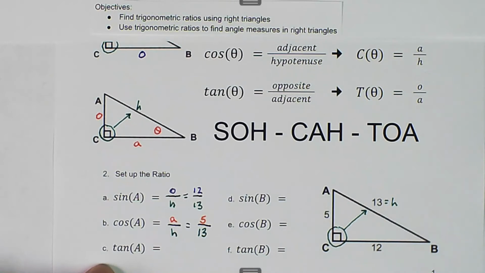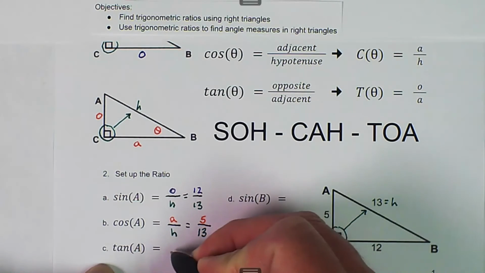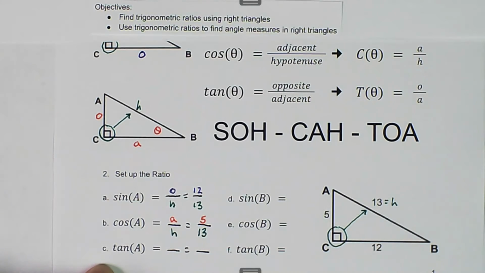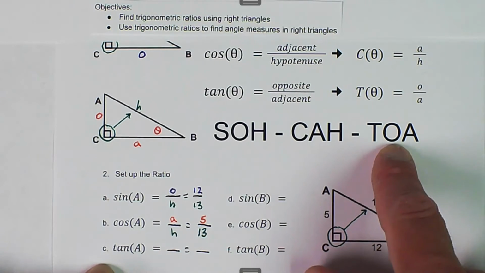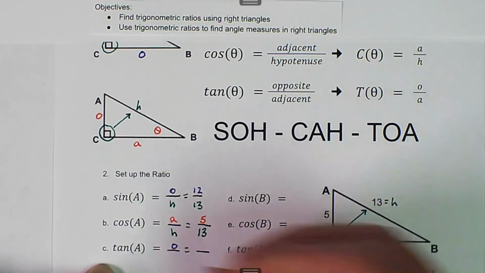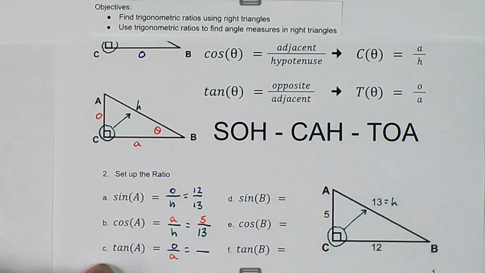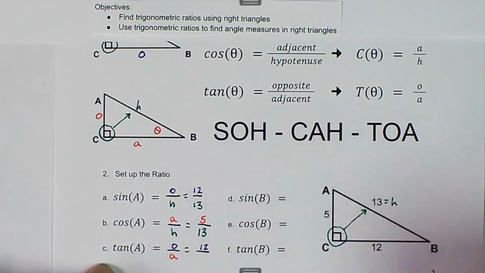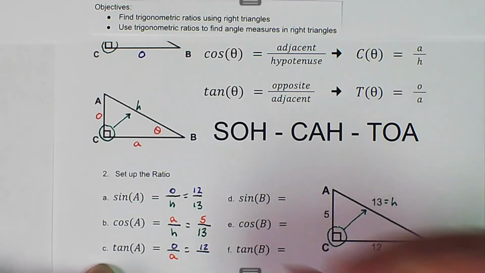Next we have the tangent, and we're going to come up with the tangent ratio. The tangent ratio is opposite over adjacent. When we use these values, opposite is 12 and adjacent is 5.